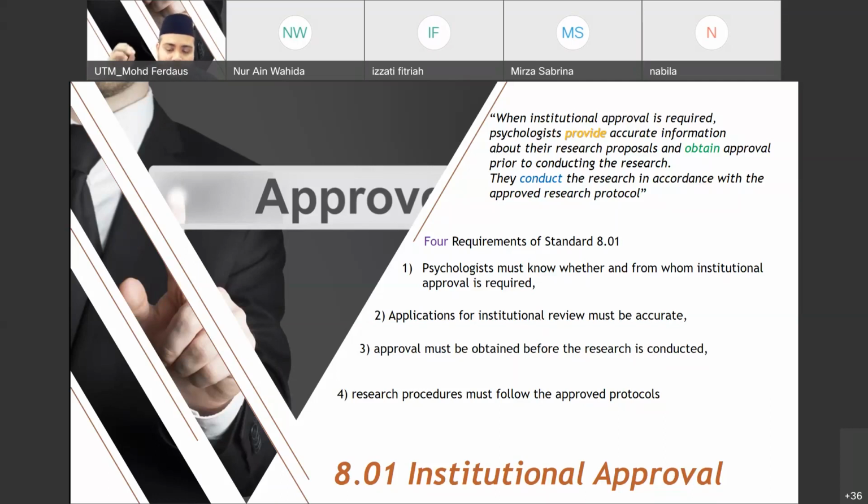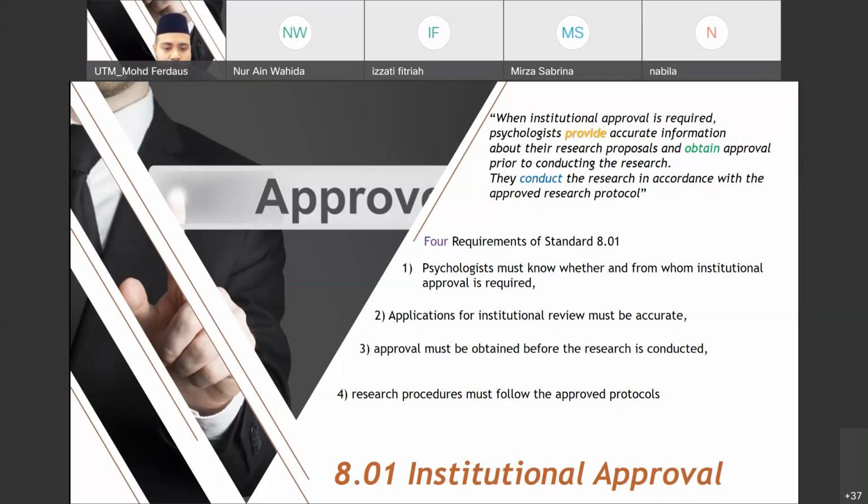So in standard 8.1, first and foremost, we need to know whom to ask for permission: the school, the ministry, and possibly the parents and teachers association.